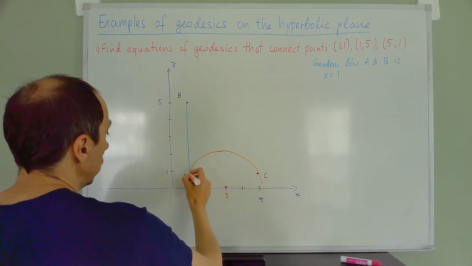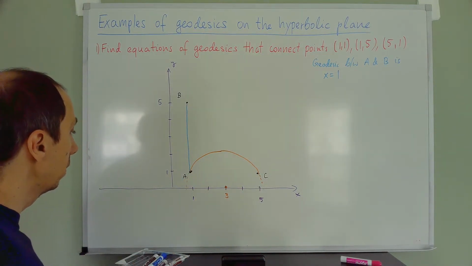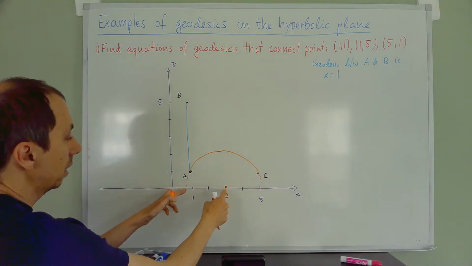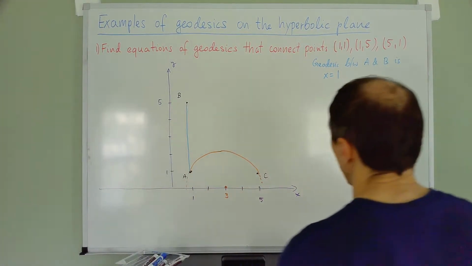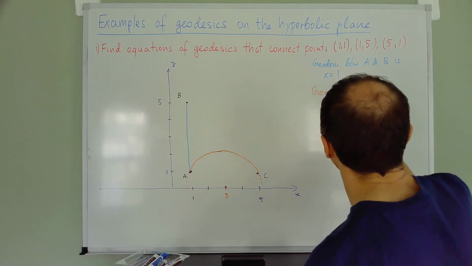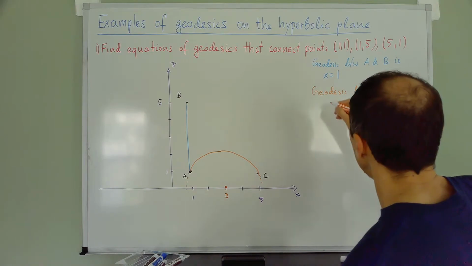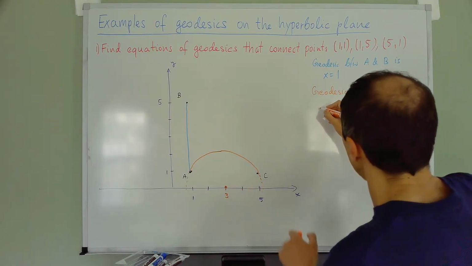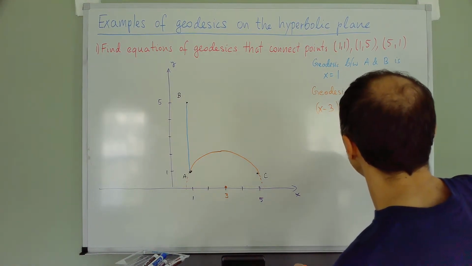And if we continued it down, it would intersect the x-axis at a distance of radical 5 from 3. So the geodesic between A and C, the equation of the circle, is going to be (x minus 3) squared plus y squared is equal to 5.